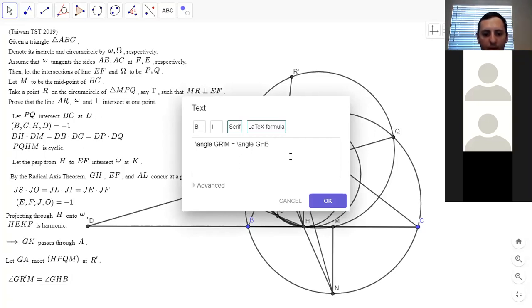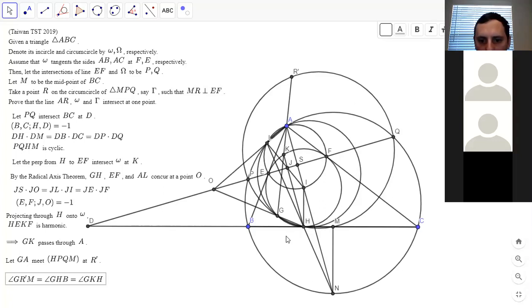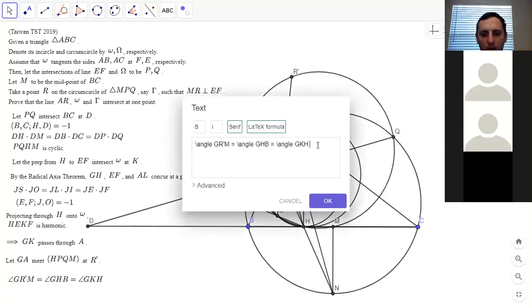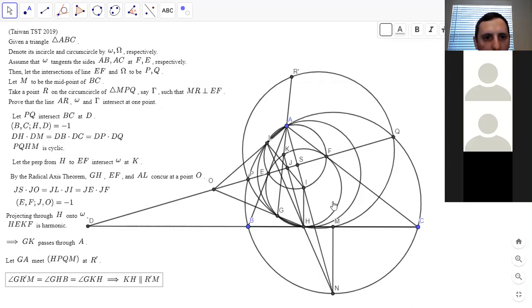There we go, that's where we use it. So that means that KH is parallel to R prime M, and that implies that R prime equals R.